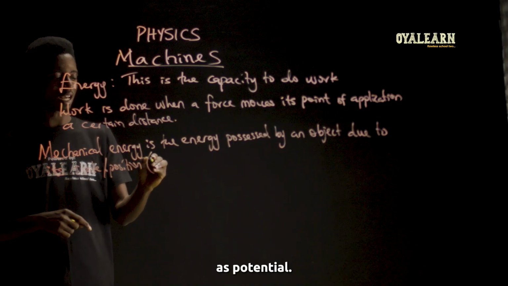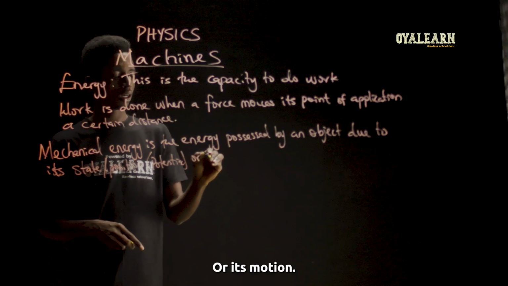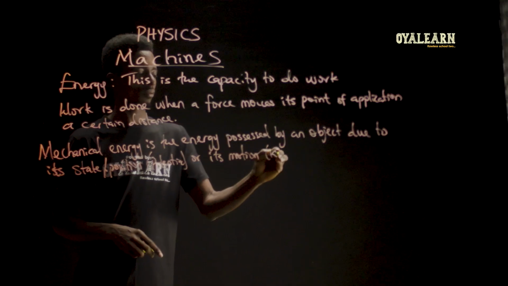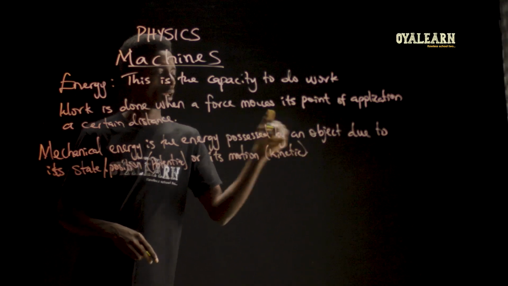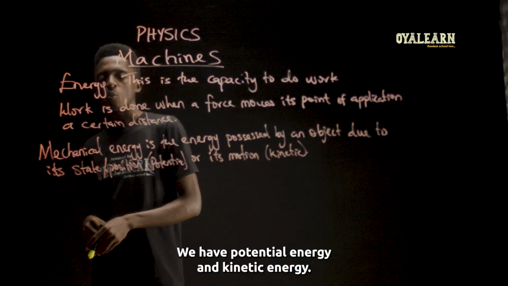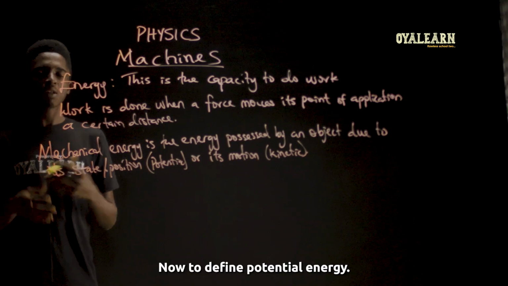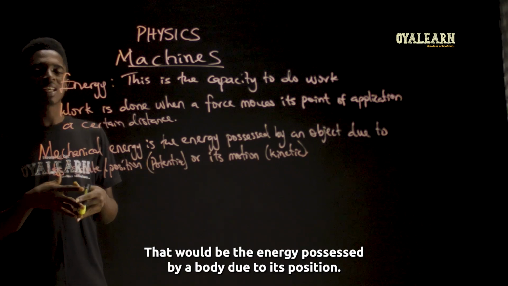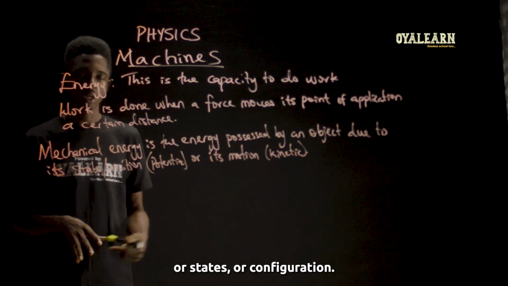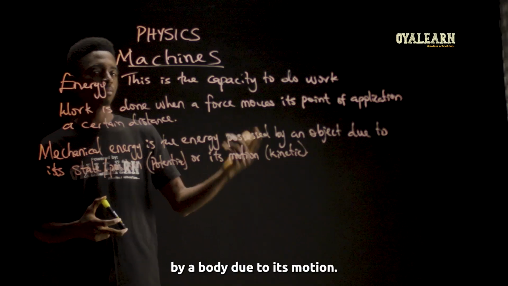Now in this case, this is known as potential, or its motion. So this is why we say there are 2 types of mechanical energy. We have potential energy and kinetic energy. Now, to define potential energy, that will be the energy possessed by a body due to its position or state or configuration. Then kinetic energy will be the energy possessed by a body due to its motion.